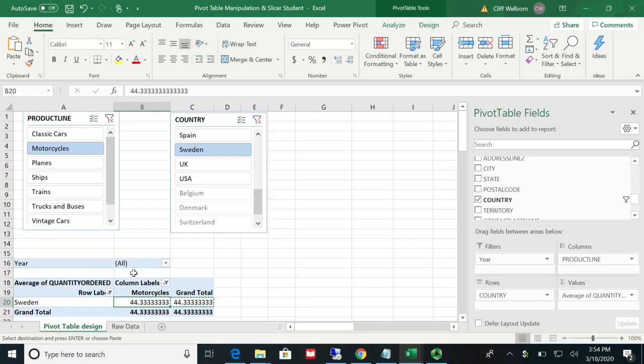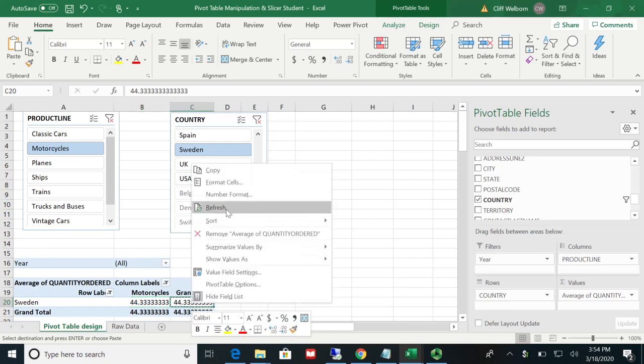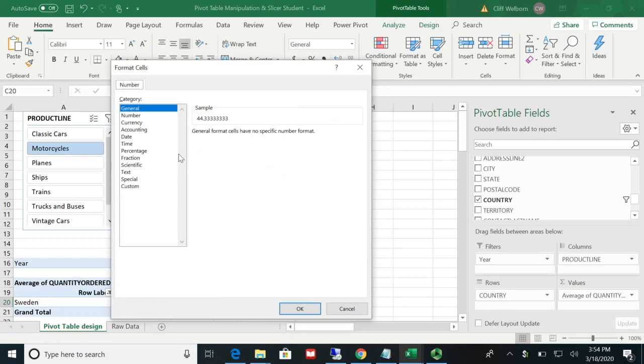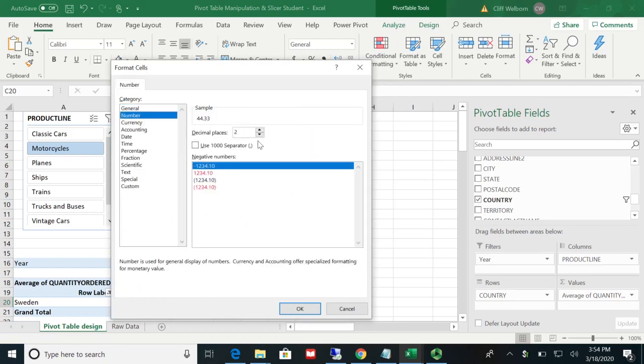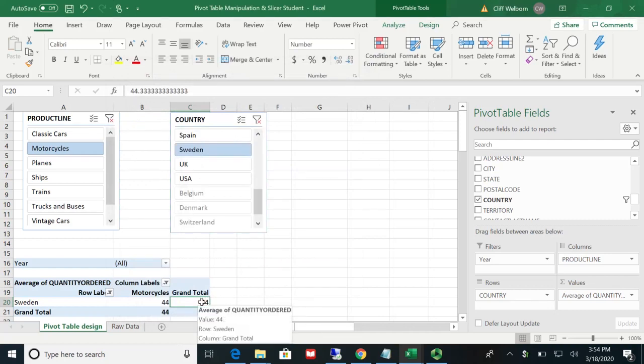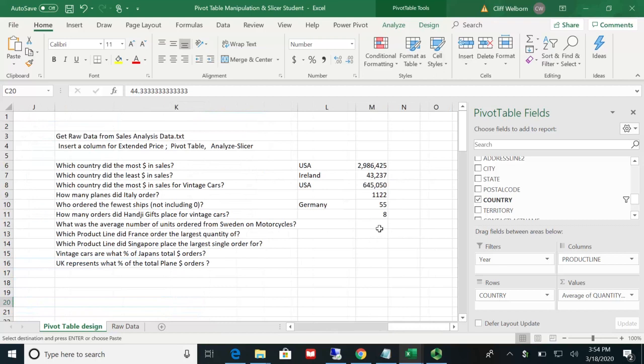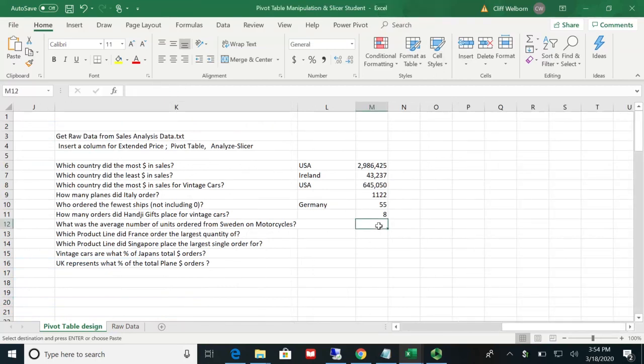So when Sweden buys motorcycles, on each order, on average, they order 44 motorcycles. And we'll clean that number format up just a little bit so it looks a little bit nicer. So anytime Sweden orders motorcycles, they're going to order 44 of them on average with each order.